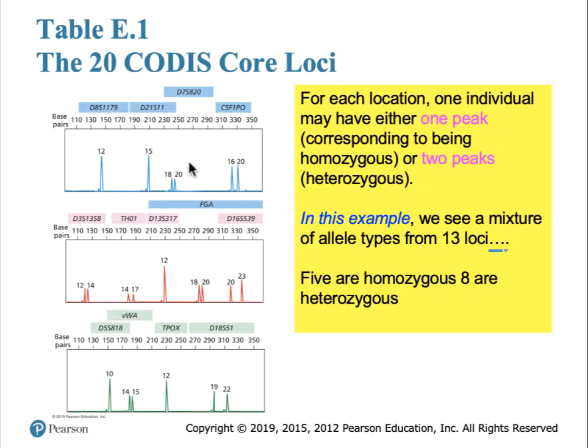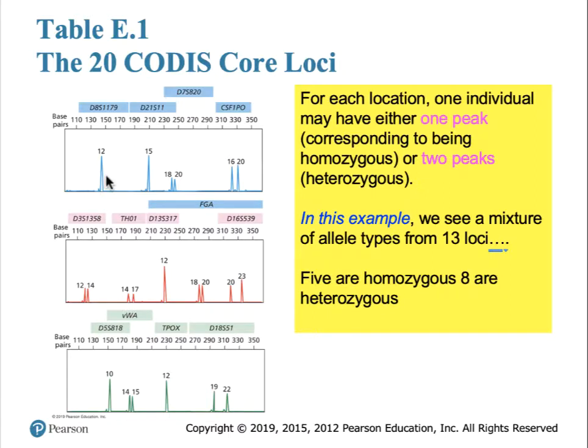In total, we have 13 different locations represented by all this data here. And you can tell that by looking at the labels for the markers. And also above the graphs, you have the size of the PCR fragments that are generated by the computer software. One thing to notice is that some of these numbers do overlap, 110, 110, 110, up to 350 in each case.